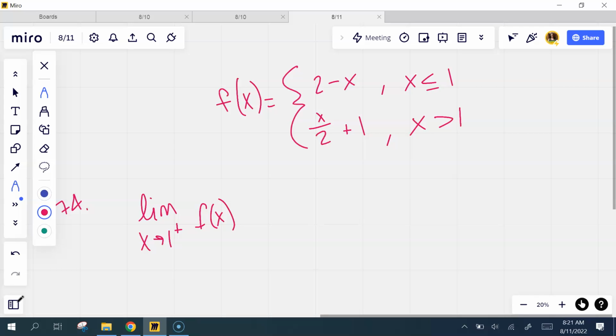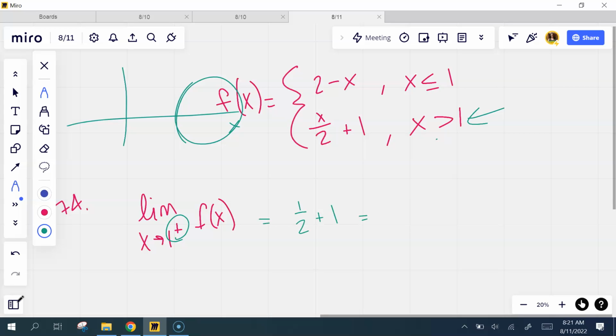The second one. Do you see that? This is the one from the right, because if I think about x, the right-hand side is where x is getting bigger, right? So what happens if you plug 1 into that second equation? Does that make sense? You're essentially choosing which equation fits, and then you're plugging into the one that fits.